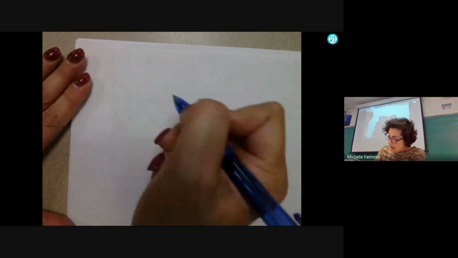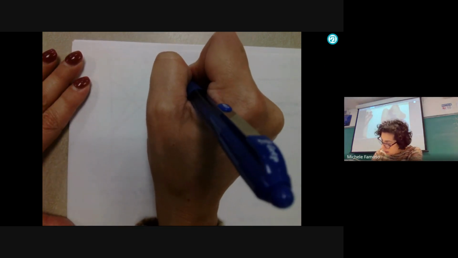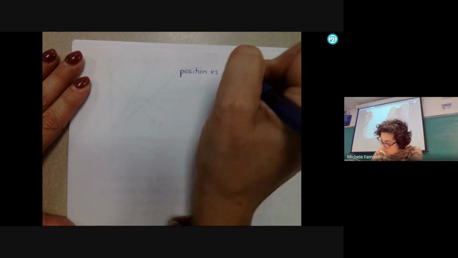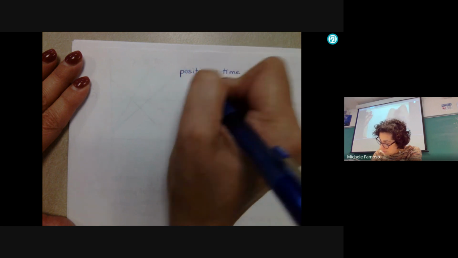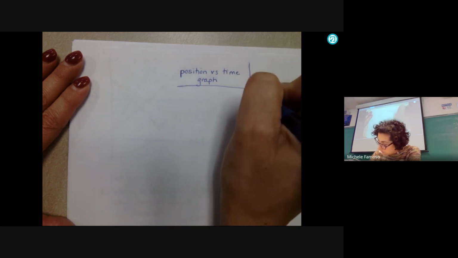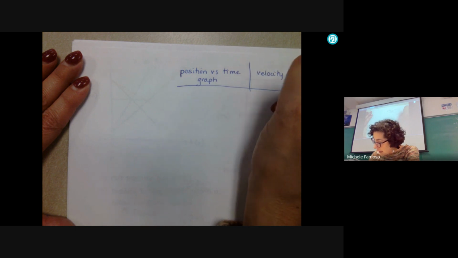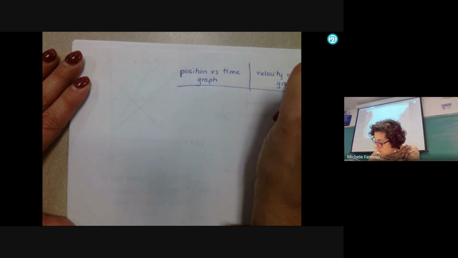Okay, let's make 3 columns. It's going to be a fairly big chart. The middle column is going to be how can we determine this on a position versus time graph? The far right one would be the same thing, but for a velocity versus time graph.